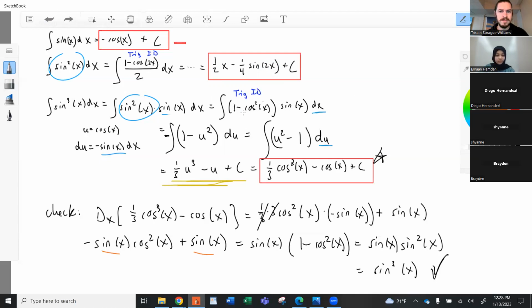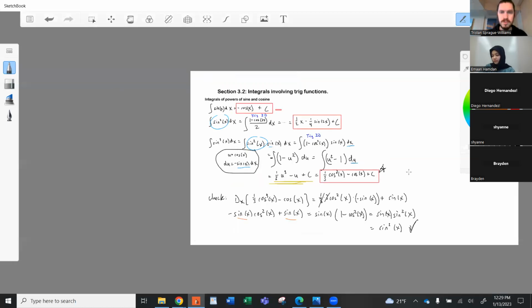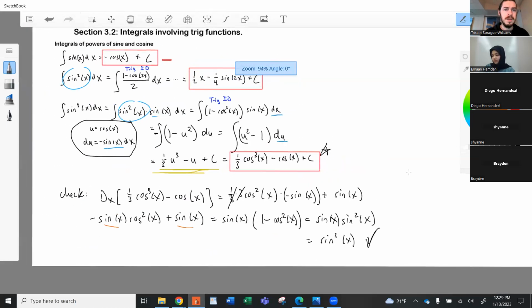And the second term would be integrating cosine squared times sine. For that second term, you'd still want to use a u substitution. So it would be similar. You'd still end up doing the same thing. It's just you'd have to break it into the two terms. So yeah, you could do that. You should get the same result.